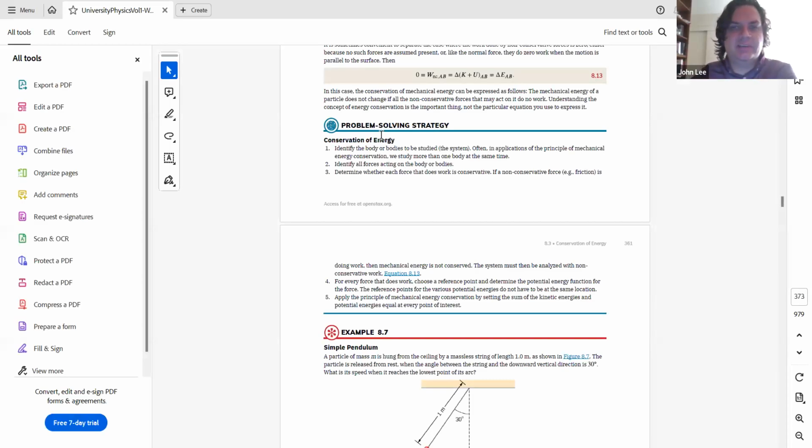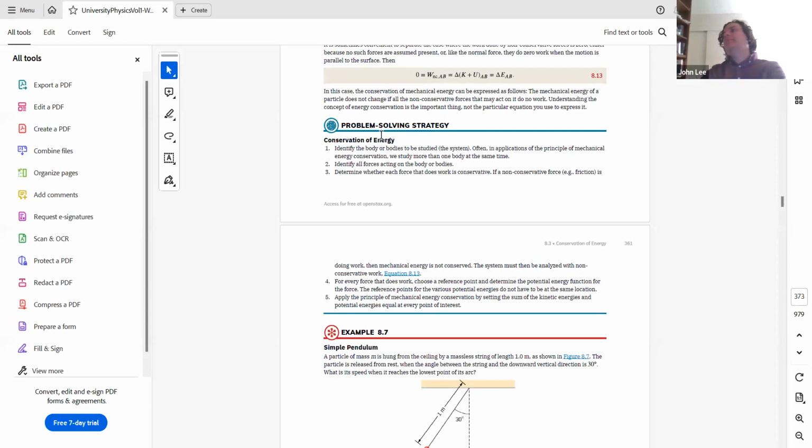So another thing that I'm just going to steal completely from the book is the problem solving techniques for conservation of energy, which are basically: identify the body or bodies to be studied, the system. Identify all forces acting on the body or bodies. Determine whether each force does work, and whether it is conservative. If a non-conservative force is doing work, the mechanical energy is not conserved and the system must then be analyzed with non-conservative work.